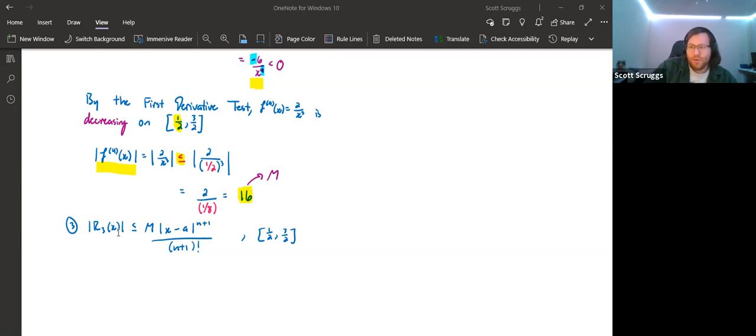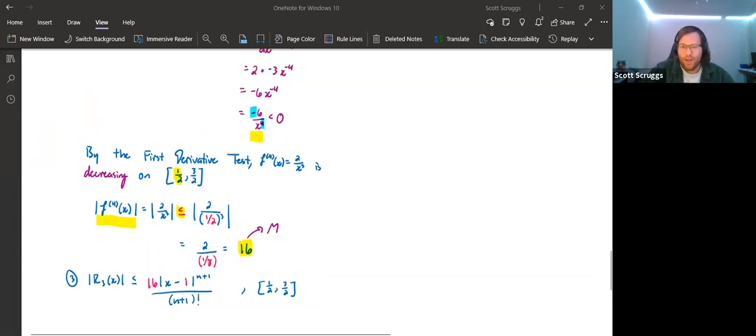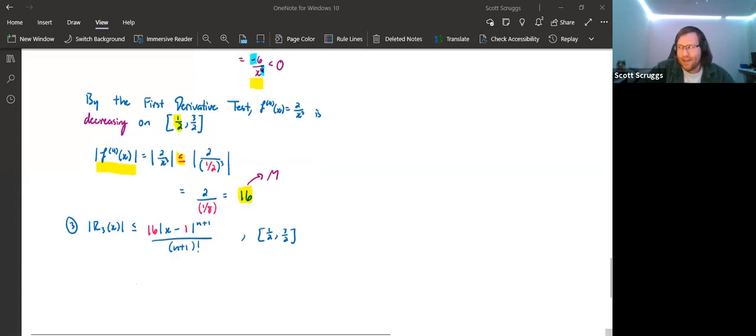Because of our work from steps 1 and 2, we can go ahead and do some substitution. First, we know that M is 16, so I can erase that M and replace it with 16. Second, I know that my center was 1, so I can erase a and plug in 1. And I'm taking the third Taylor polynomial for the approximation, so I can replace n with 3.